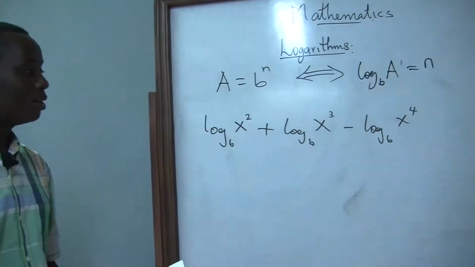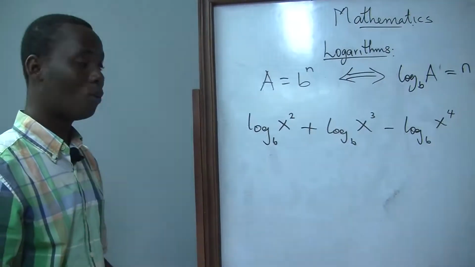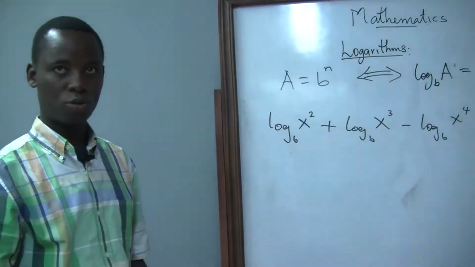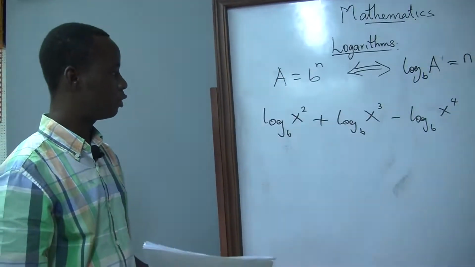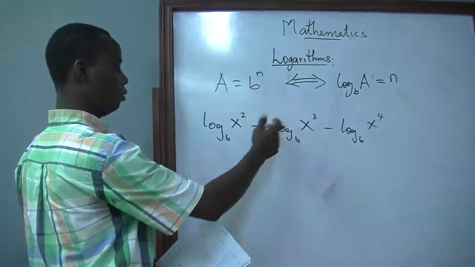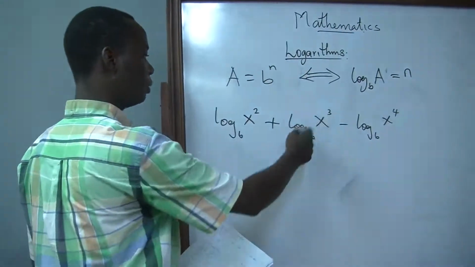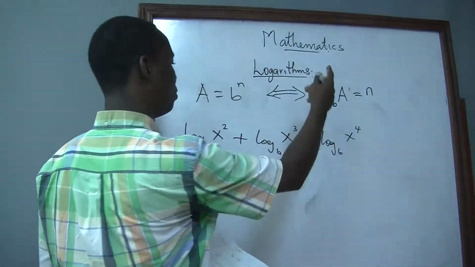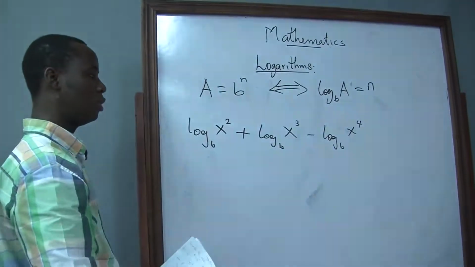We'll be using the combination of law number 1 and number 2 for this expression. This is plus, so when we're adding, that will be multiplication, and this is minus, so that will be division.